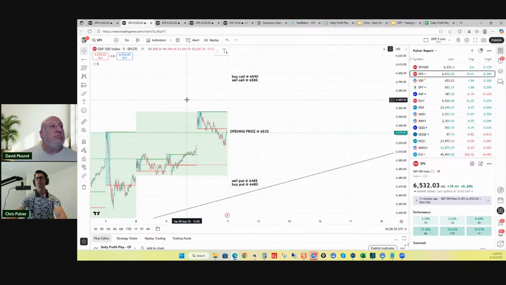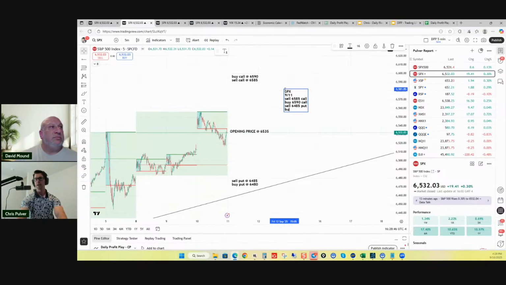The way this is put in my broker platform is I find my trade, SPX. I find my expiration, let's say tomorrow morning on the 11th. I sell the 6585 call, I buy the 6590 call, I sell the 6485 put, I buy the 6480 put. Let's say the broker gives me $1.20.